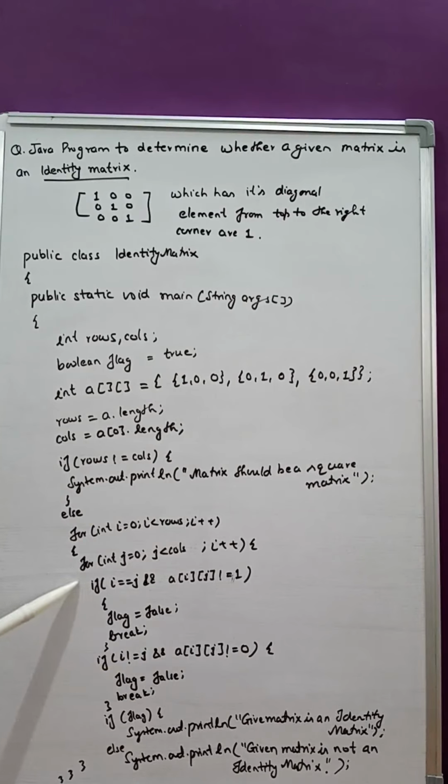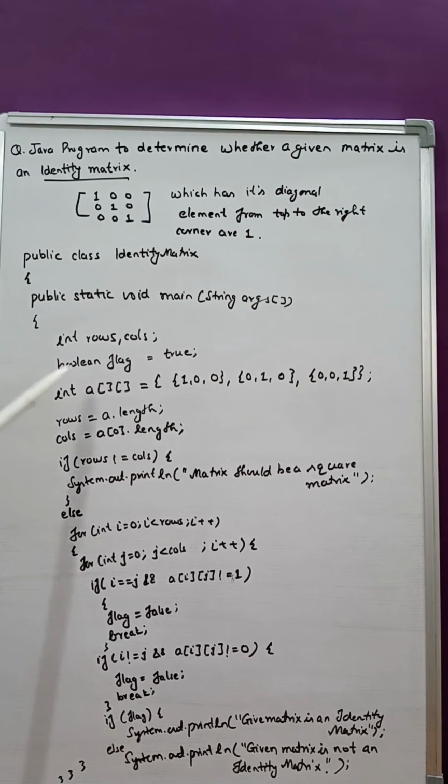But if nothing happens from both these conditions, the matrix is called an identity matrix, not just a square matrix. A square matrix does not need equal rows and columns elements like this, but an identity matrix has the diagonal and non-diagonal structure.